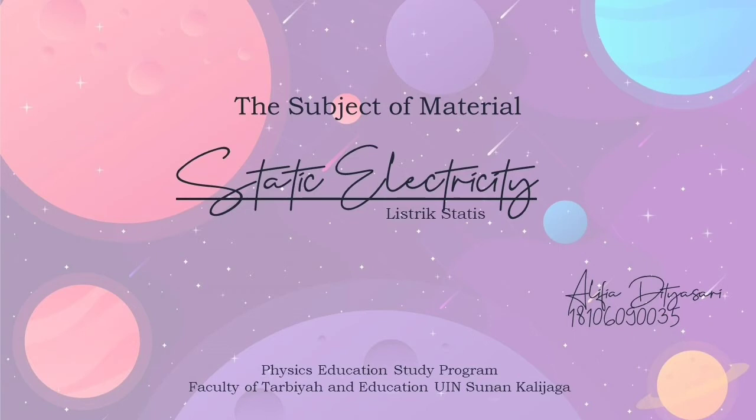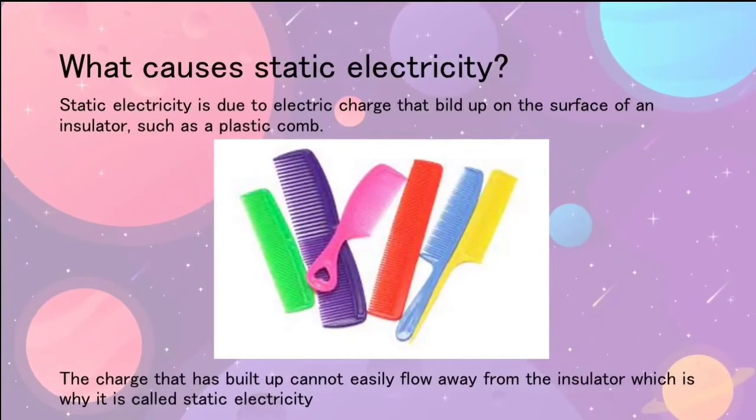Okay, let's start our lesson today. The subject of the material is static electricity. For now, what causes static electricity? Static electricity is due to electric charge that builds up on the surface of an insulator, such as a plastic cone.